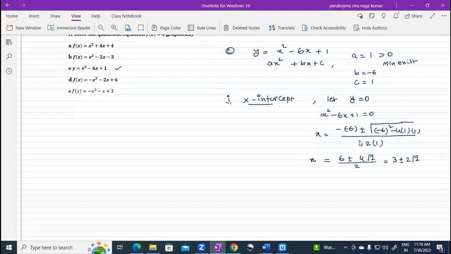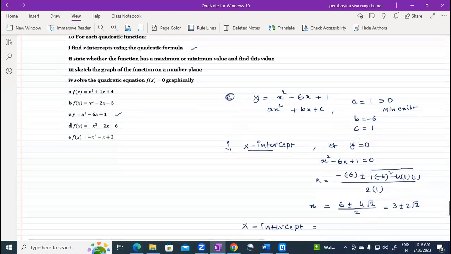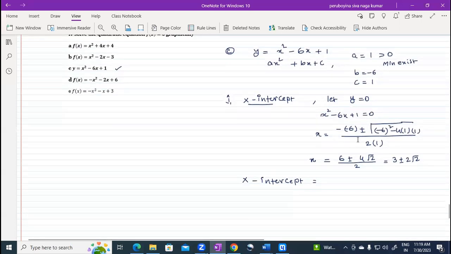Therefore, the x-intercepts are these two values. What is the answer? 3 plus 2 root 2 is 5.83 and 3 minus 2 root 2 is 0.17.